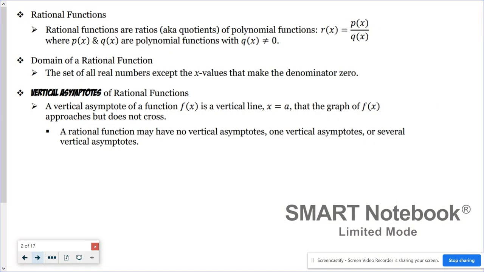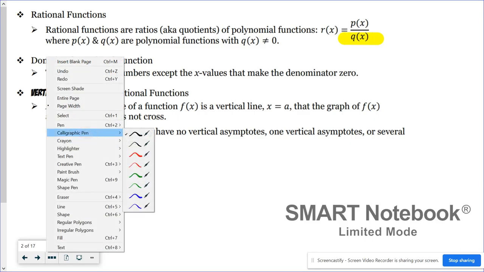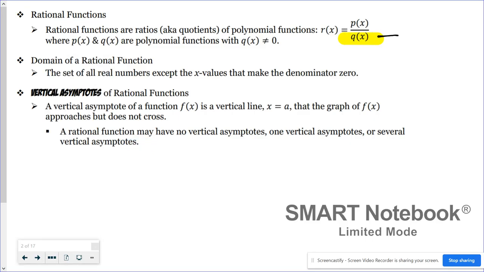Okay, so as you know, rational functions are quotients of polynomial functions. And since they are a fraction, whatever's in the denominator can't be equal to 0, because if it is equal to 0, then it's undefined.